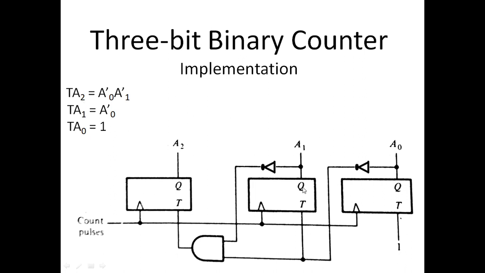And similarly, the three clock pulse inputs of the three T flip-flops are connected with the count pulse or the clock pulse, and the function of this count pulse is that whenever a pulse comes, the state of these three flip-flops changes according to the sequence defined by the excitation table.